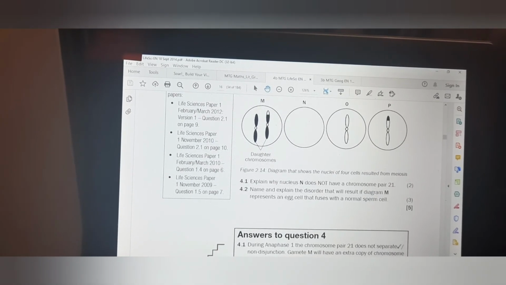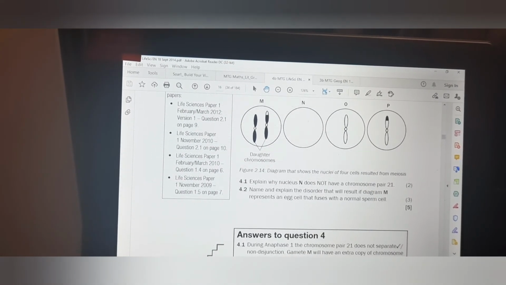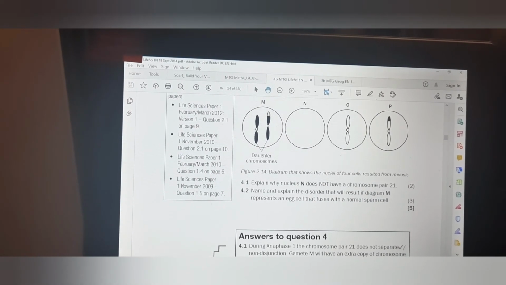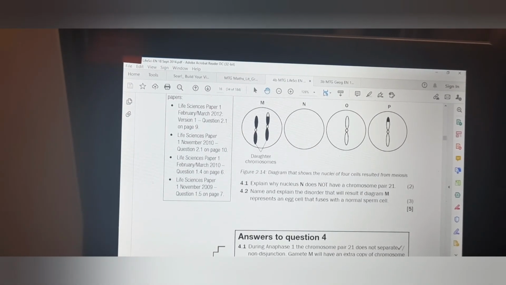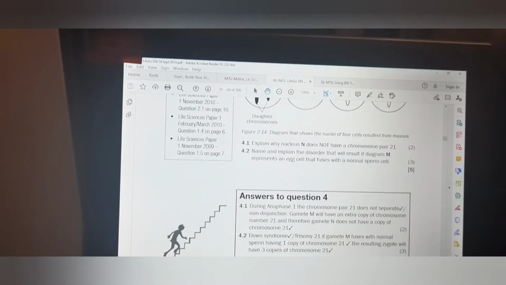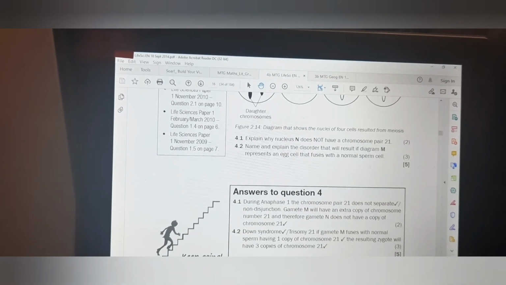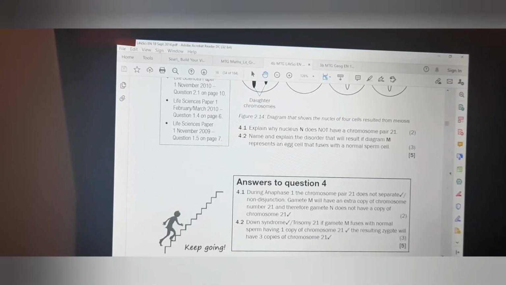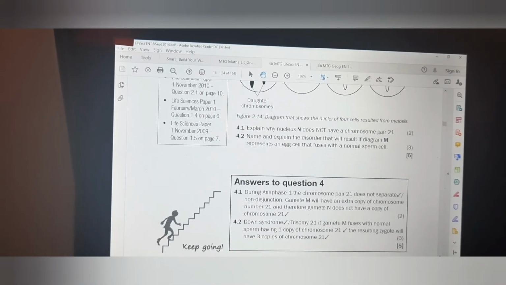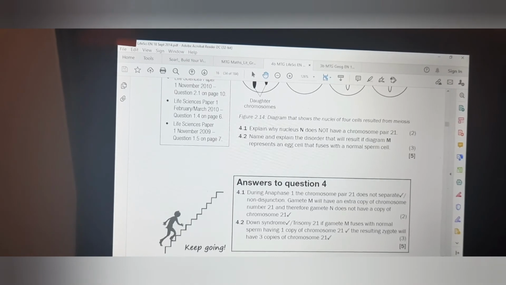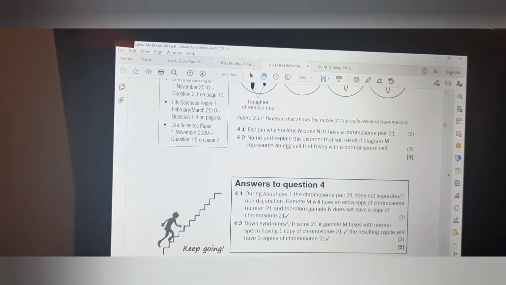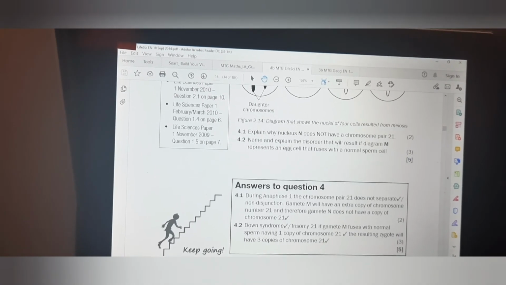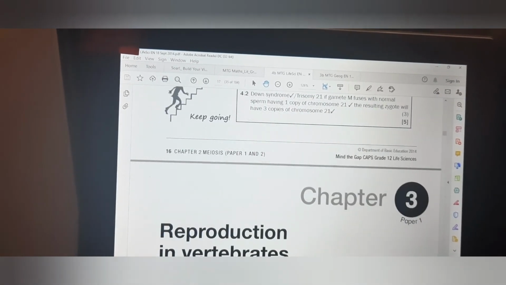Name and explain the disorder that will result if diagram M represents an egg cell that fuses with a normal sperm. We're going to have Down syndrome, or trisomy 21, if the gamete M fuses with a normal sperm having 1 copy of chromosome 21. The resulting zygote will have 3 copies of chromosome number 21. So that is your answer.